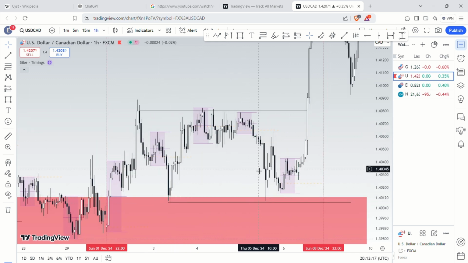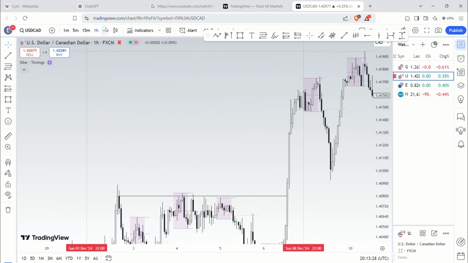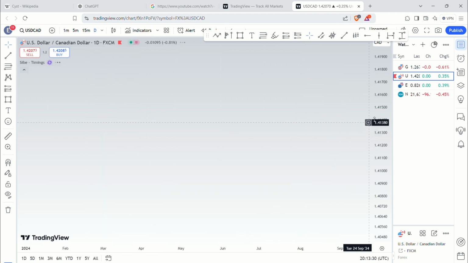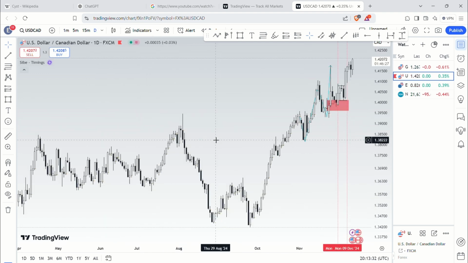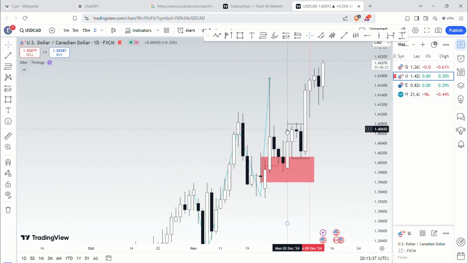Then we have price trade all the way very close to this on Thursday. And then what happened? By Friday, we had this explosive move to the upside. When we were targeting, we usually target liquidity pools. So the reason why I set this target, my target was somewhere around here.